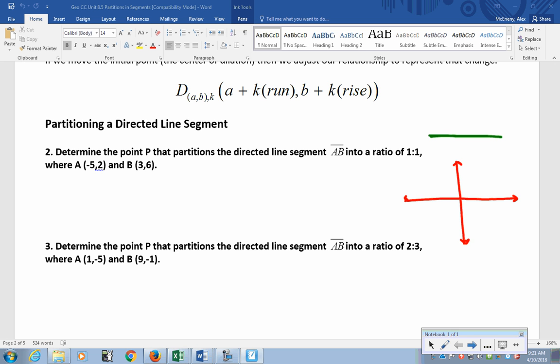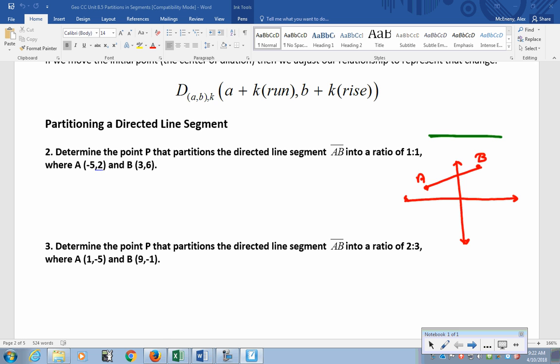I'll just do a little coordinate grid, and it really helps to graph them. So -5, 2, and I'm just making estimates of this, and then 3, 6. I'm just going to draw a sketch of that segment.